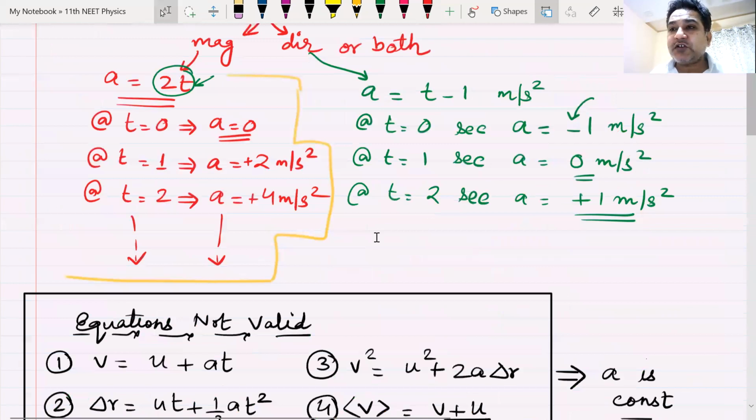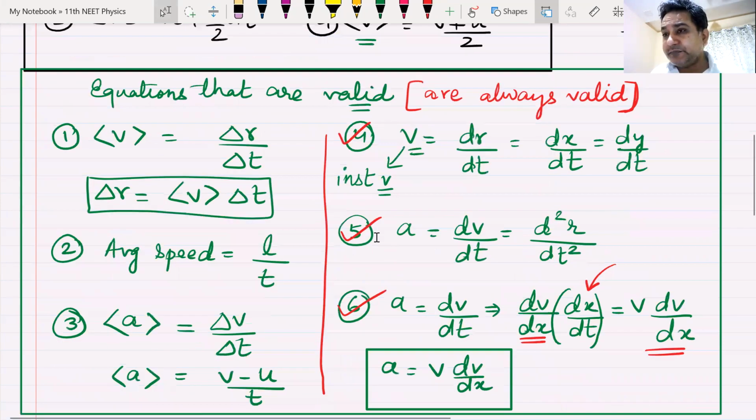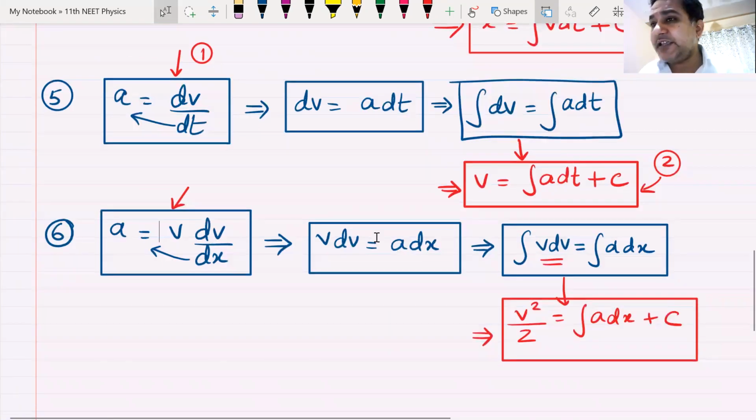We'll be doing questions on variable acceleration and we'll not be using the equations in black, but we'll be using equations in the green that we have made, and then the different variations of the same equation. Are we ready to solve some questions?